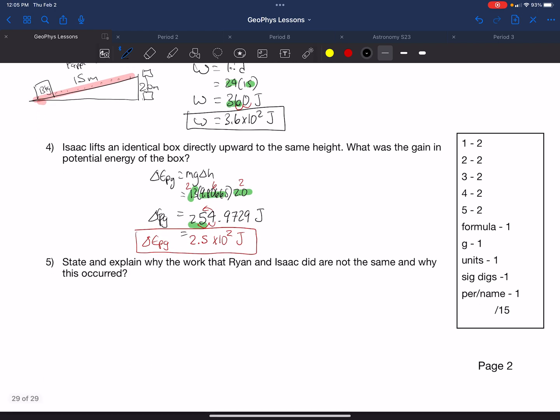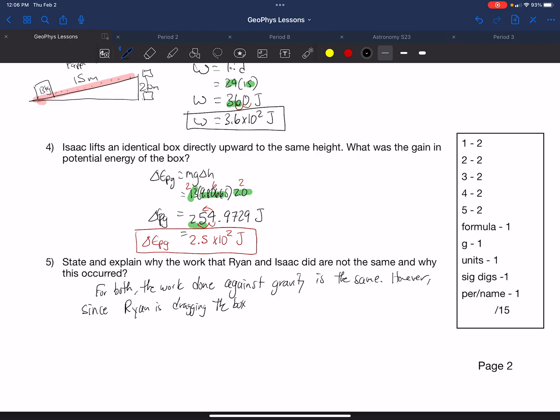So, what are we going to say? For both, the work done against gravity is the same. However, since Ryan is dragging the box, there is also work being done against friction.